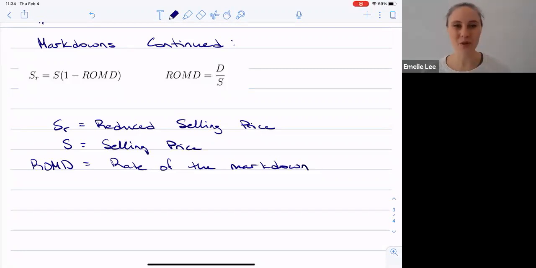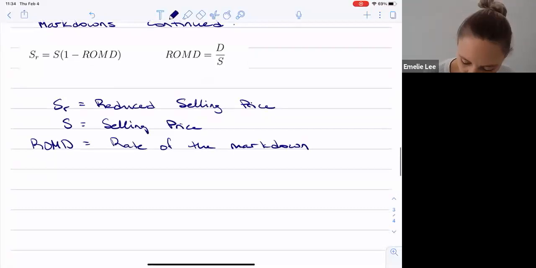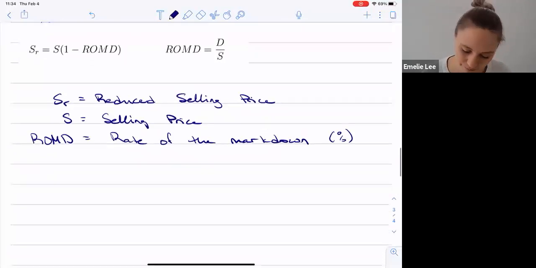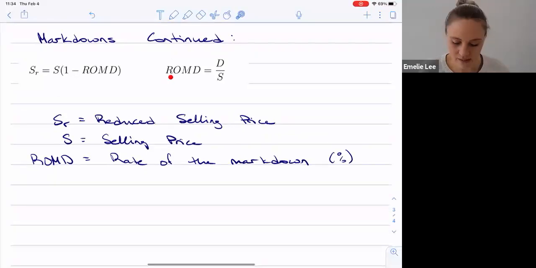Right, we had ROMU, the rate of the markup. And the rate of the markdown is typically given as a percentage, but for our calculations, again, we have to use our decimal version. Moving on, the ROMD is the amount of the discount over the selling price. What is the discount? It's the original selling price minus the reduced selling price, right?